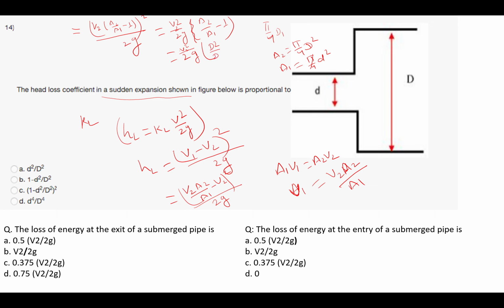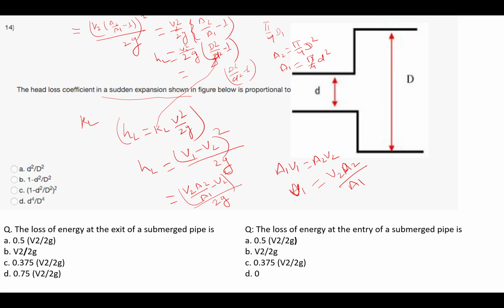So this is your head loss, with KL equal to (capital D square by small d square minus 1) whole square. Whether this matches any option or not.